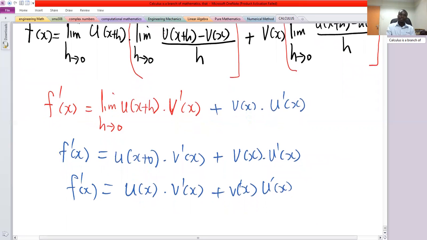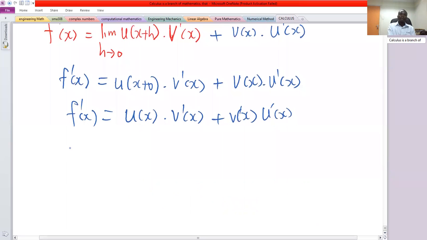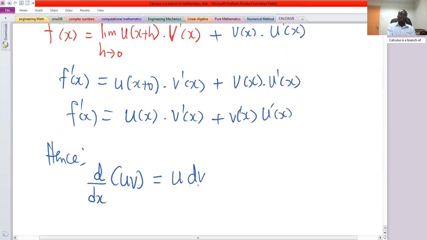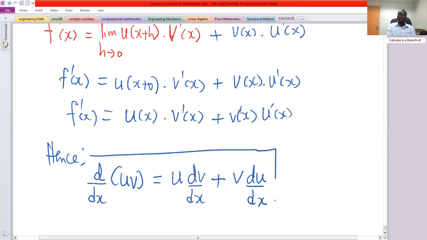So therefore, hence, d dx of uv is the same as u dv dx plus v du dx. And that is the end of proof.